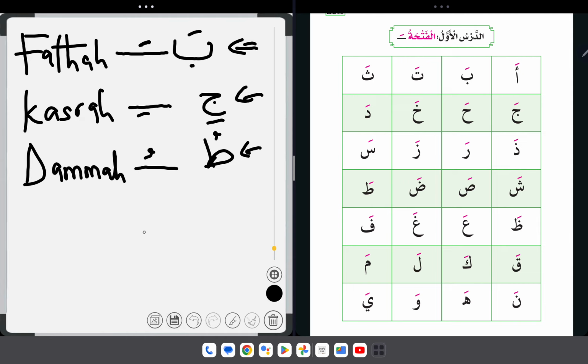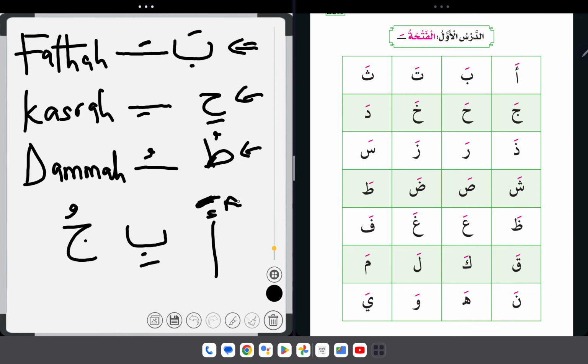So let's repeat again. Fatha is written like this on top of a letter. Did you see that? Kasra is written like this at the bottom of a letter. Let's use the letter Ba. So Kasra is written like this at the bottom of a letter, and Dhamma is written like this on top of a letter.